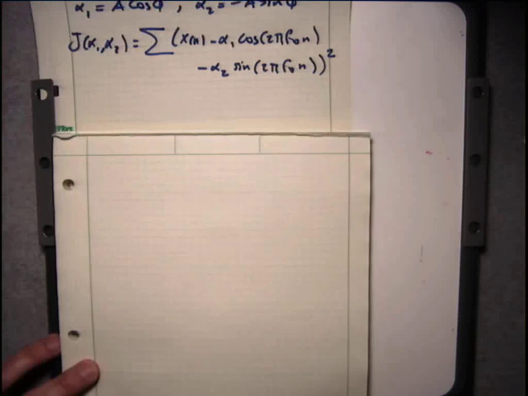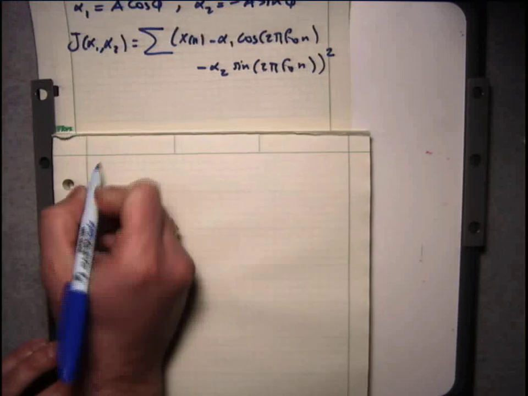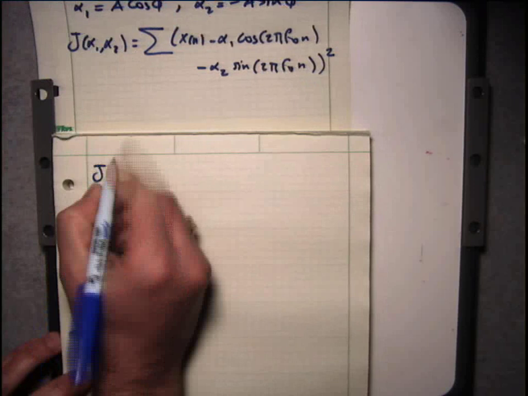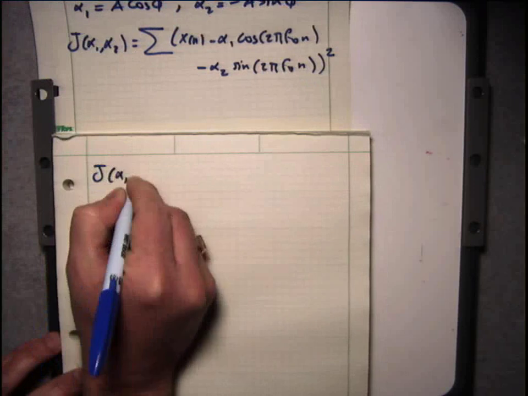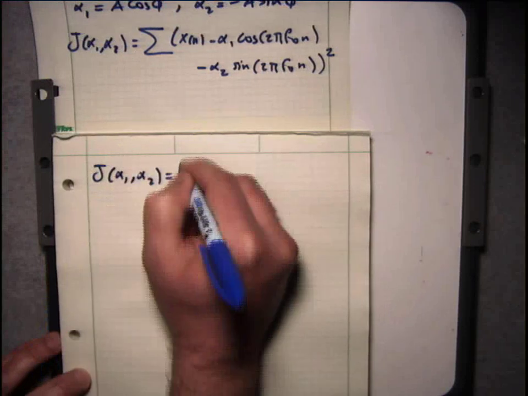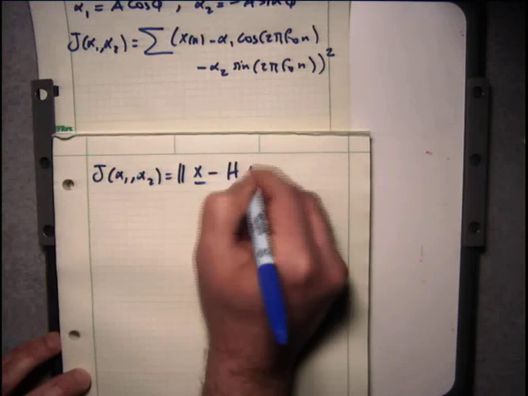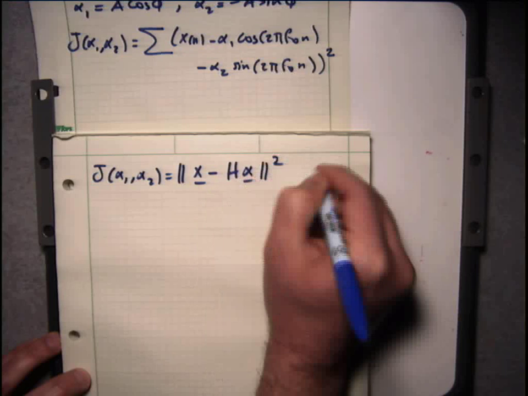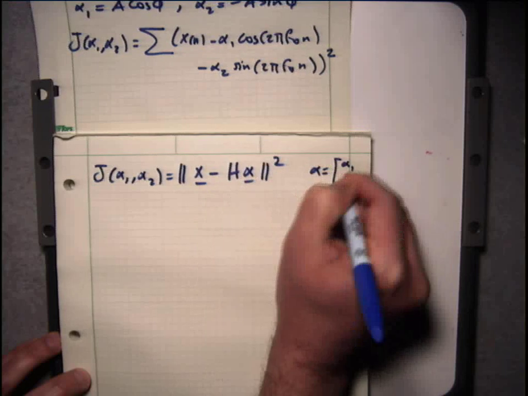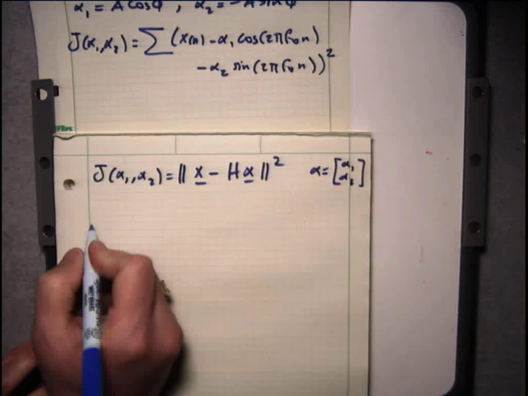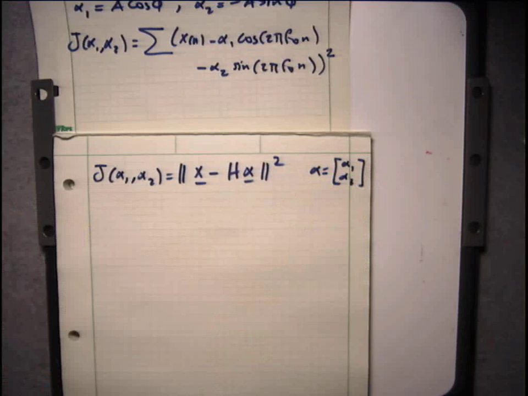Okay, so how do we do this? Then this cost, J of alpha 1, alpha 2, is just the norm of some vector x minus H times alpha, squared, where alpha is alpha 1, alpha 2. X is, of course, all the data strung up into a vector.